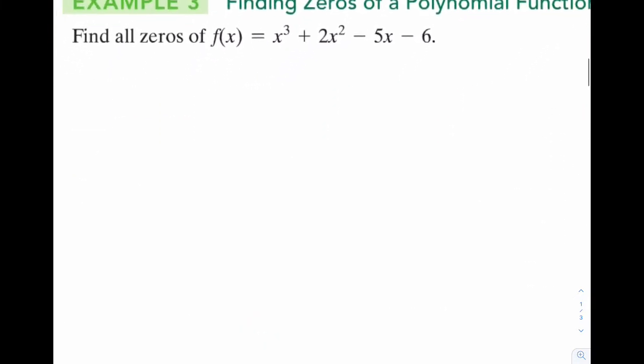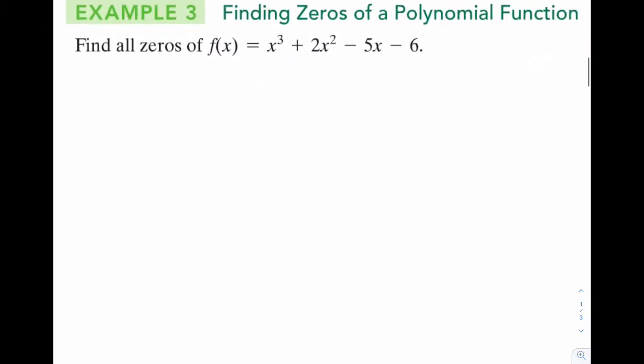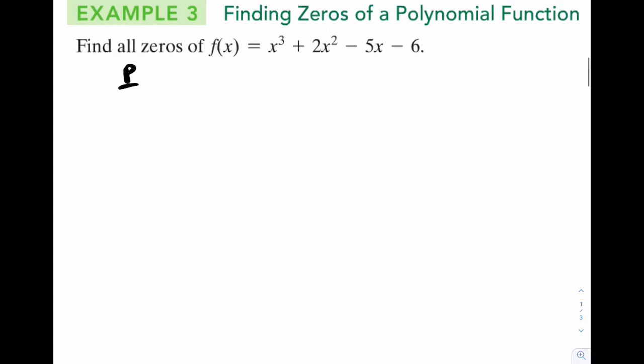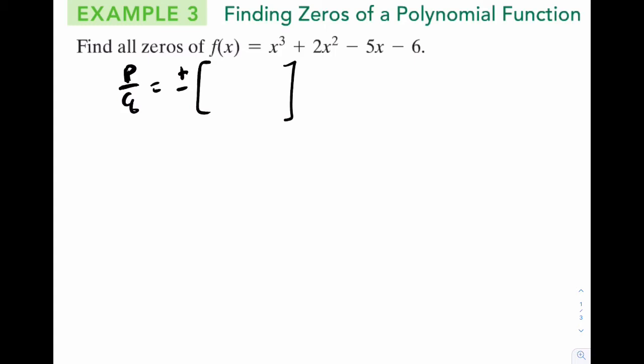Now, the reason we have this theorem is because now we have a tool to attack a question like this. It says, find the zeros of this equation. Because previous to this, you could only really solve things that had x squared in it. So now we're going to talk about how you do it if the degree goes beyond 2. You start with your p over q, plus or minus. At this point, you should feel a little bit better about it.